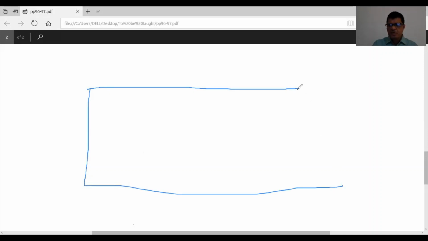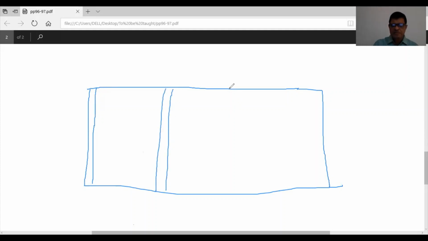So you think of a hall. Okay, so this is a hall. In this hall you have walls and beams. Both these are the beams given on this hall.